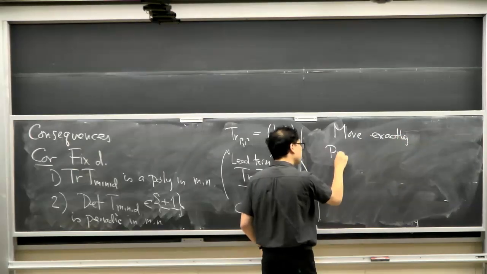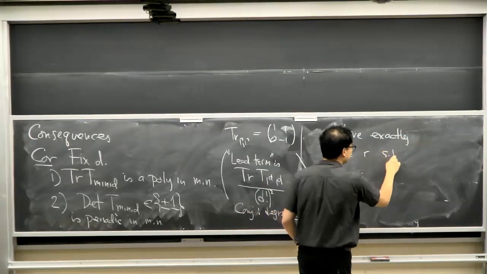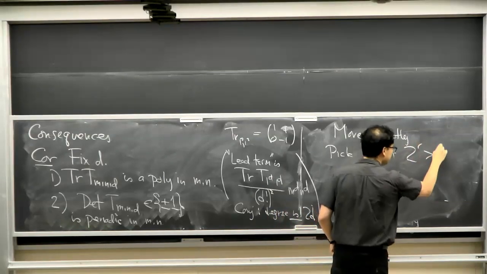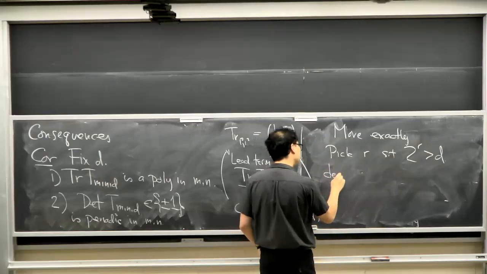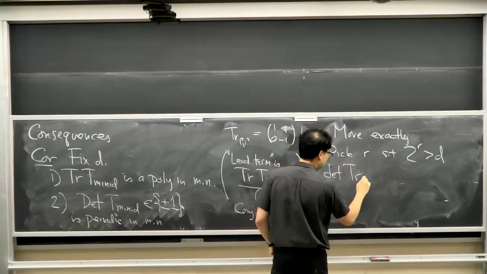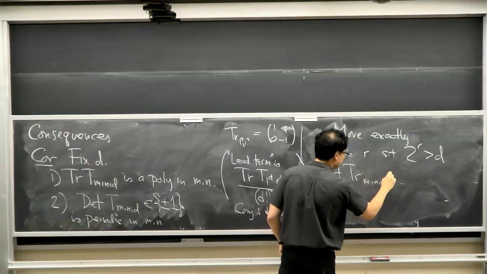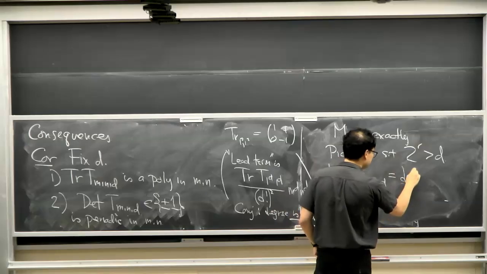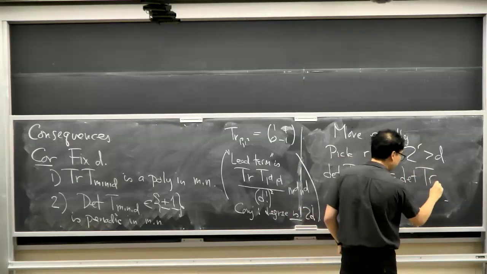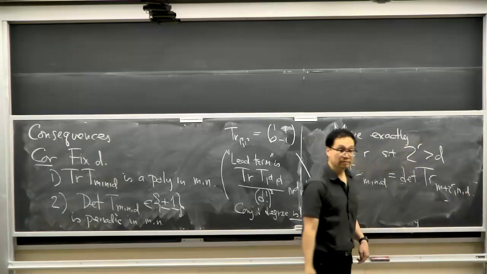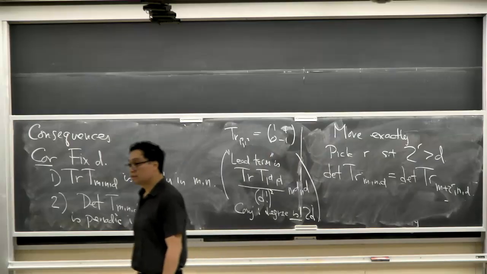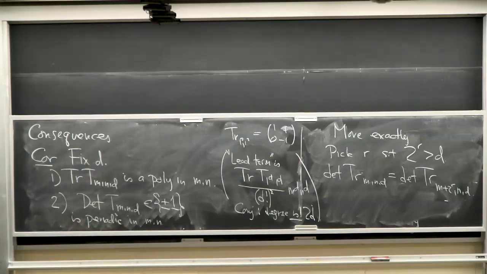let me pick R such that 2 to the R is greater than D. Then I'm saying that the determinant of the trace of M, N, and D is the same thing as the determinant of the trace of M plus 2R, N, and D. This is an easy consequence of the block composition theorem because the formula involves binomial coefficients.